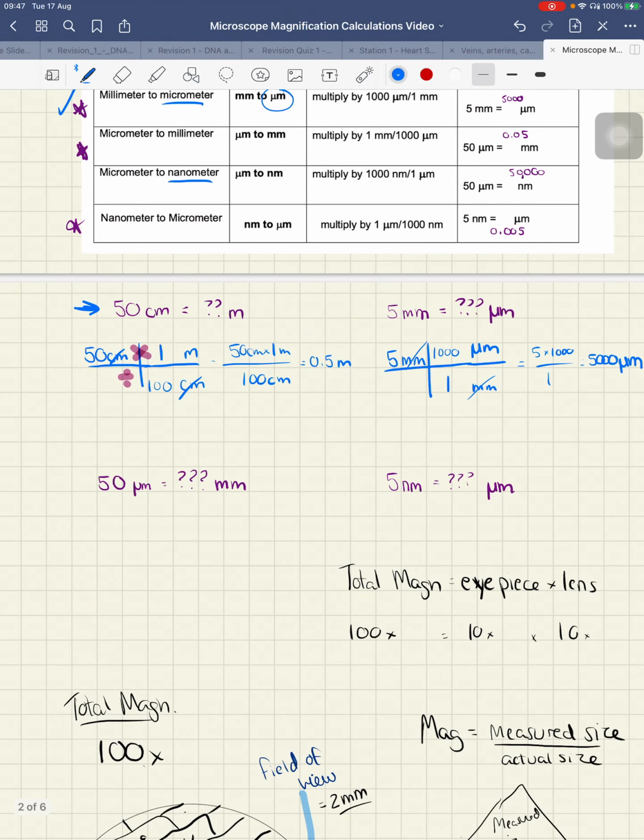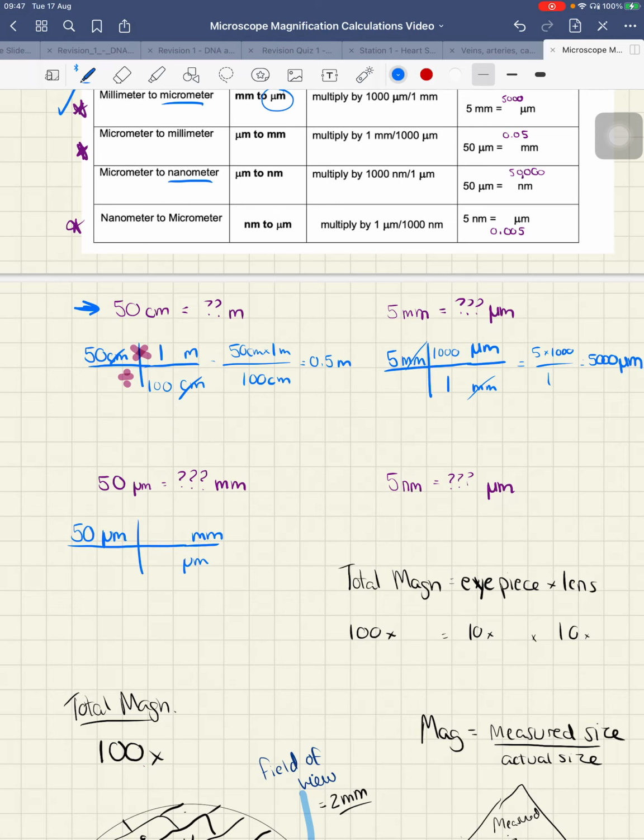Going back the other way can be a little bit trickier, but if you set it up the same way, it's not too bad. Down here we put micrometers, and up here we put millimeters.